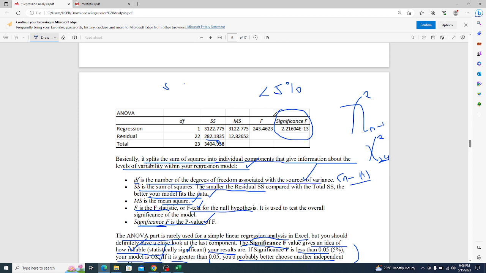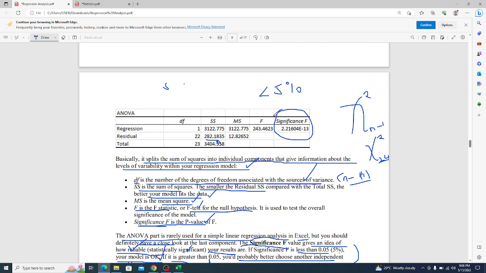On the significance F, because that's what we can use to infer or make decisions about the model. If your model is good, then the R square value will be more than 90%.